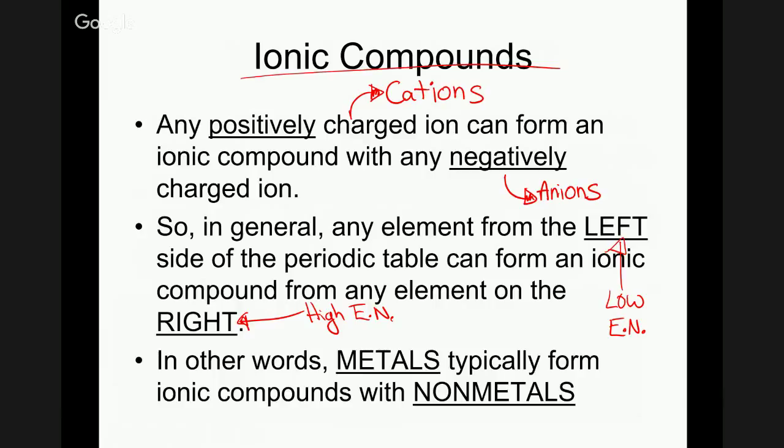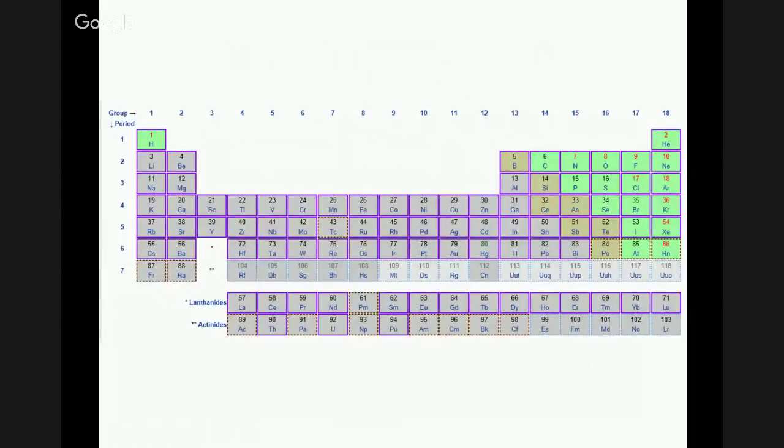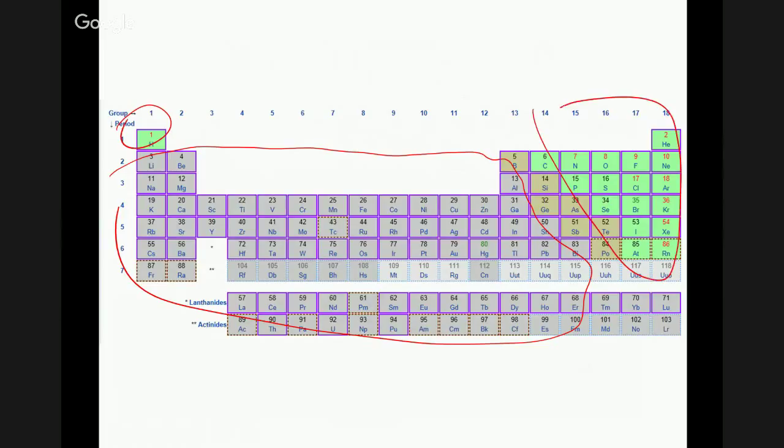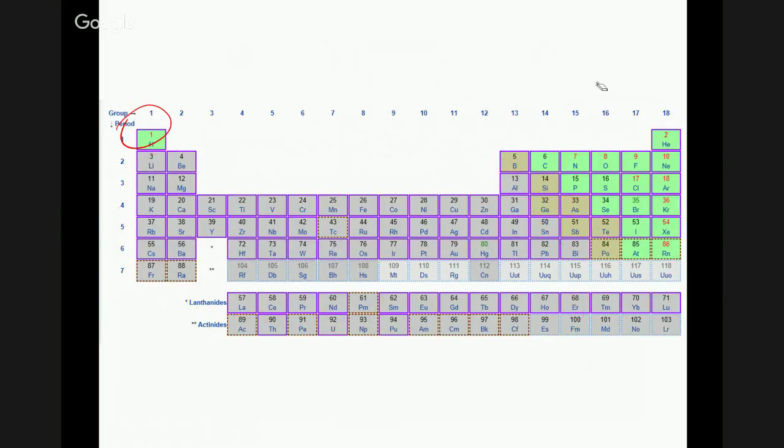And to put it another way, we normally have metals forming ionic compounds with nonmetals. So in other words, all of these guys, all the metals, will typically form ionic compounds with those guys, the nonmetals.